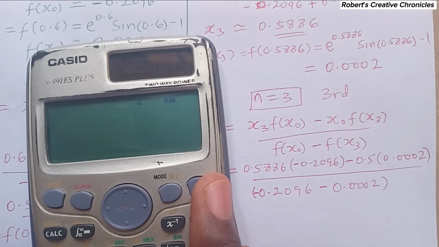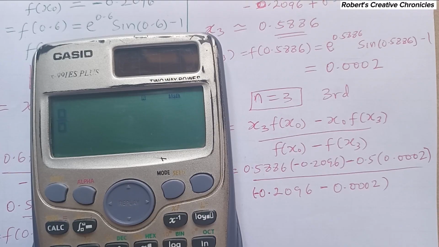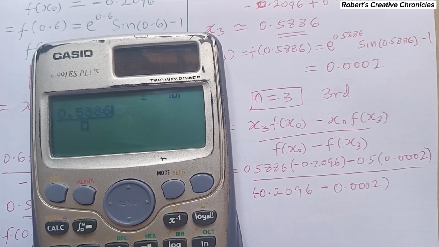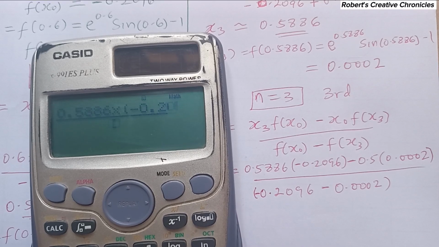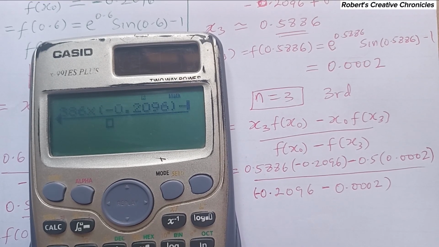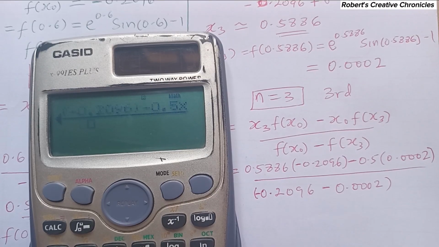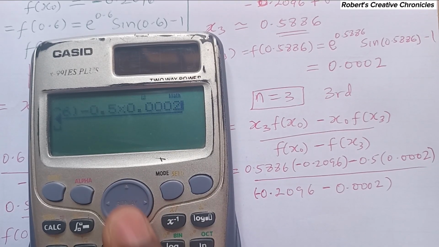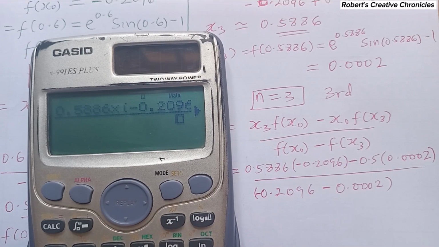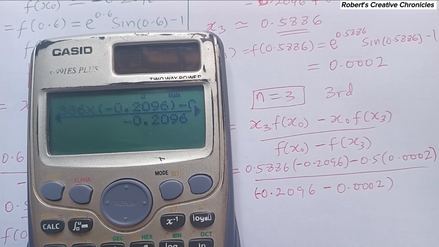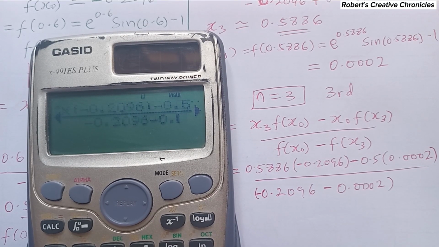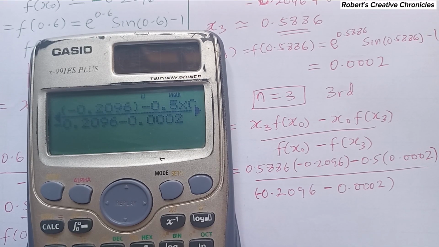So now we can put this in the calculator. 0.5886 times negative 0.2096 minus 0.5 times 0.0002, over minus 0.2096 minus 0.0002.